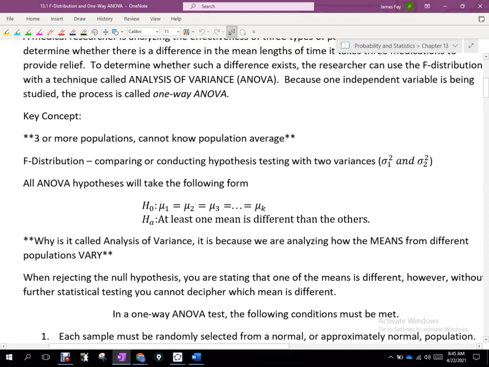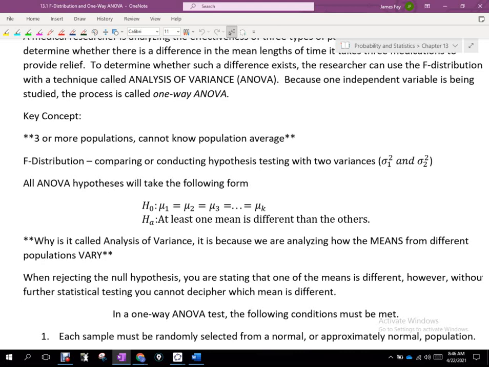This is how you're going to write all ANOVA hypotheses: mu 1 equals mu 2 equals mu 3 equals mu 4 equals mu 5, all the way through mu k. So in the scenario I started with, it'd be mu 1 equals mu 2 equals mu 3. If I was trying to see if there's a difference between 4 medications, it'd be mu 1 equals mu 2 equals mu 3 equals mu 4. Does that make sense? So we're comparing 3 or more.